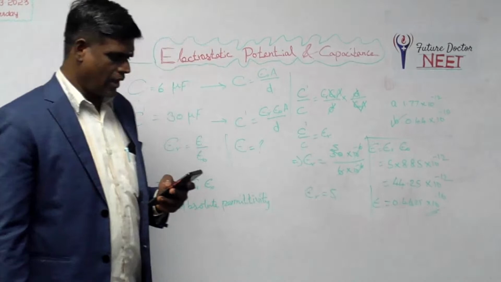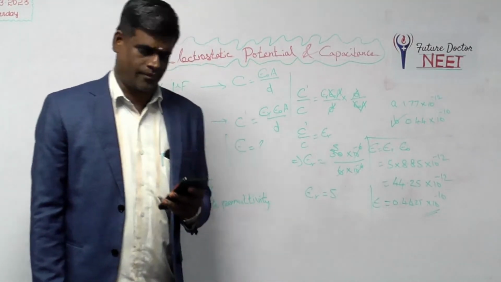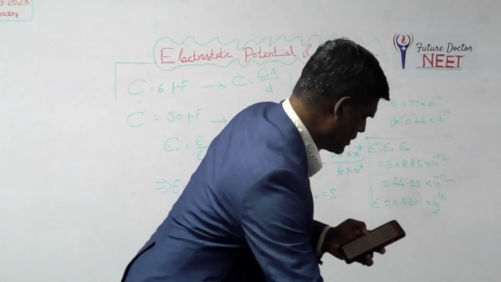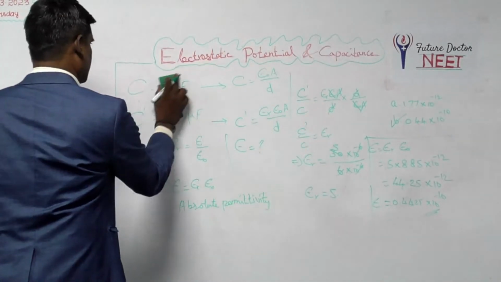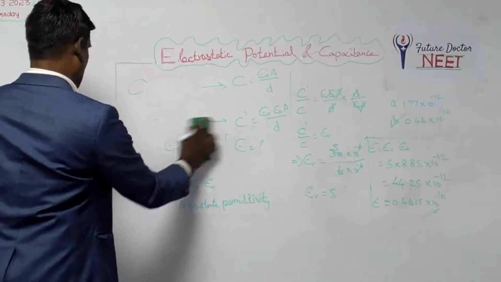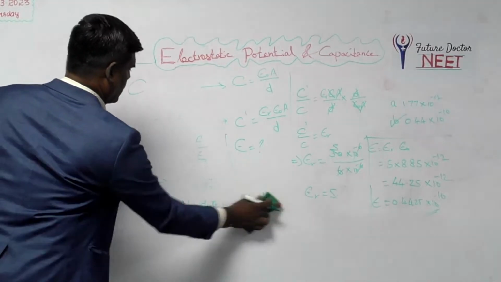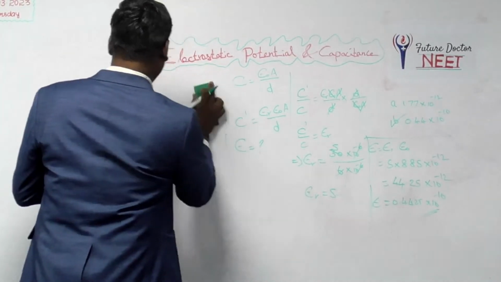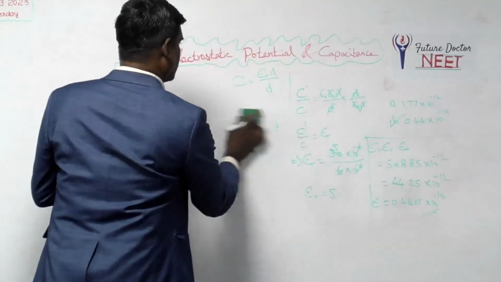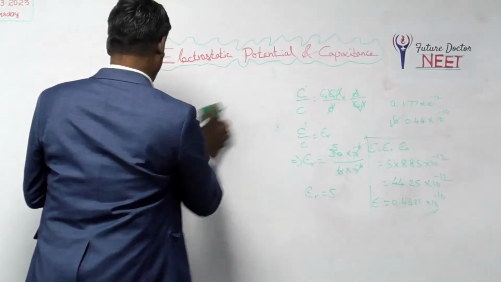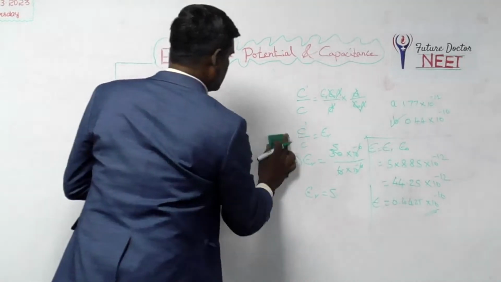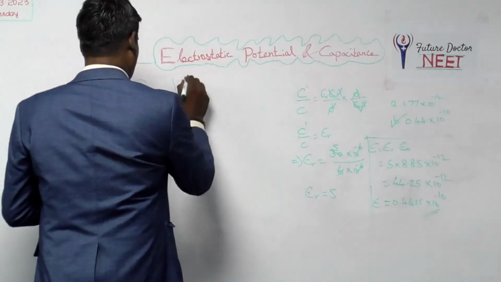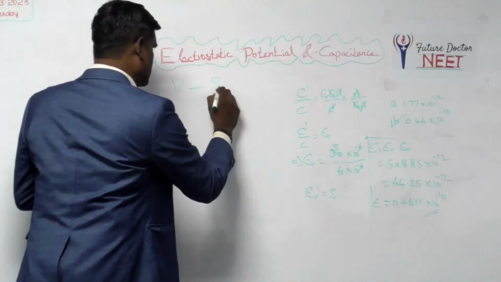Three capacitors, each of capacitance C, capital C, and of breakdown voltage V, capital V, are joined in series.